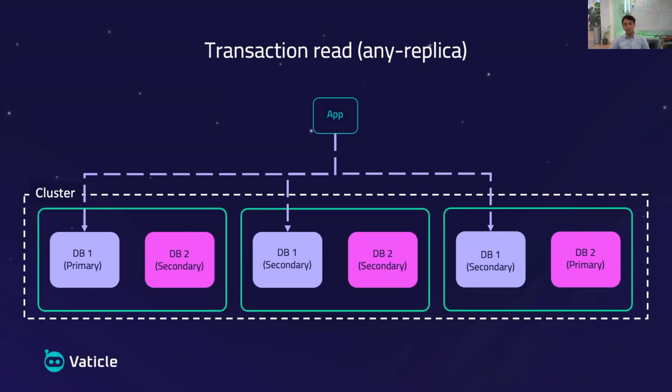Well, the answer is we've introduced an additional mode for reading data in TypeDB Cluster, which we call read any replica. In read any replica, the application is able to fire queries one after another, and each query hits different servers evenly.